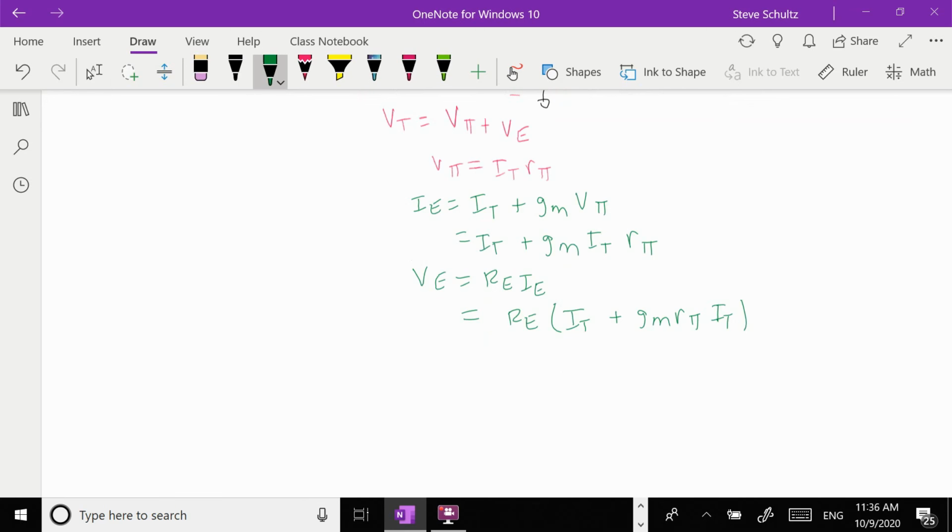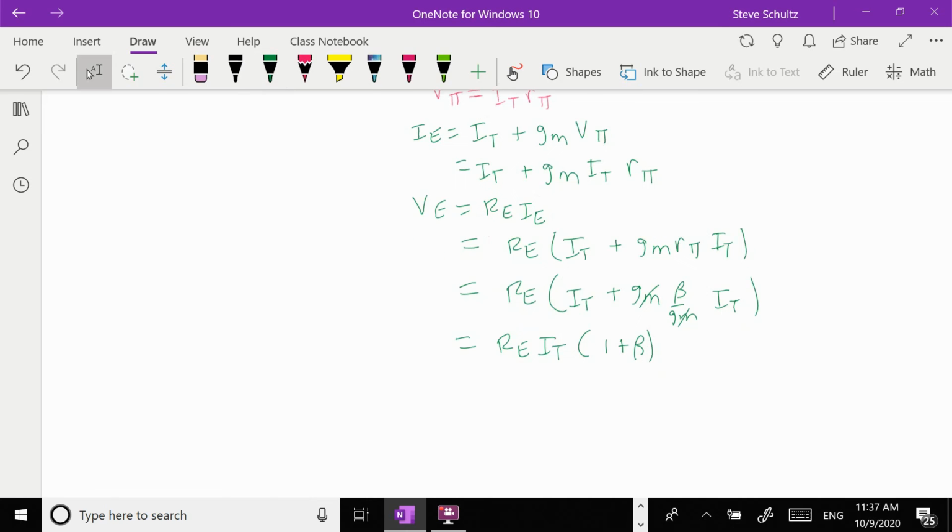Well, we can substitute in for the gm and the R pi, and so this is equal to RE times IT plus gm times beta over gm times IT. We see that these two cancel off, and so this is equal to RE IT times 1 plus beta.